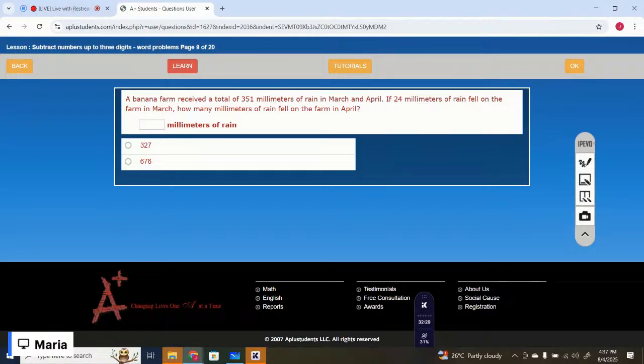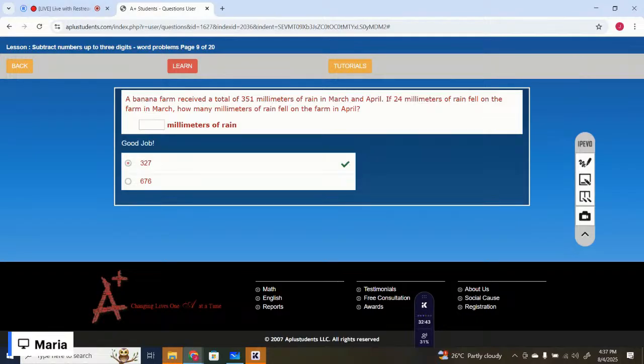So 351 minus 24 equals 327. Option number 1 is the correct option.